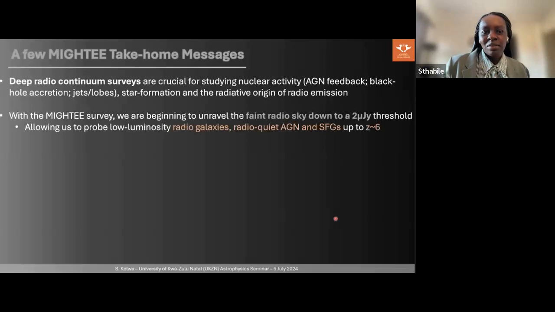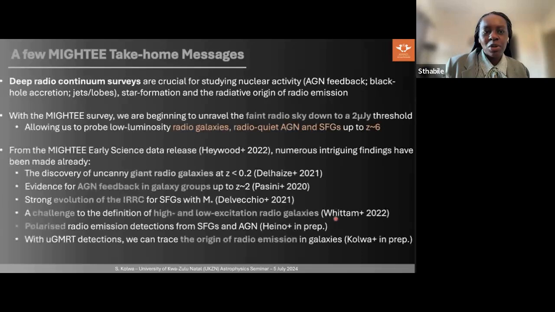And with MIGHTEE, since it's so deep, we're able to now see these sources in addition to low luminosity radio galaxies and learn more about this population that has been up until now unseen in the radio. So our main findings were the giant radio galaxies, a serendipitous discovery, which is opening a whole new parameter space for studying giant radio galaxies.